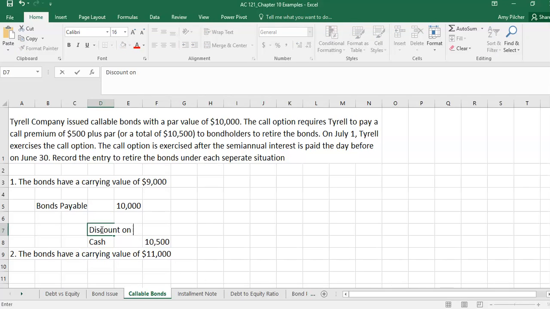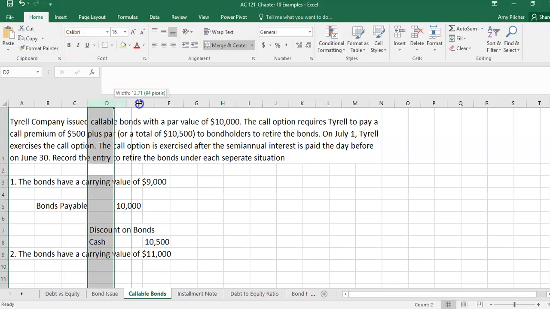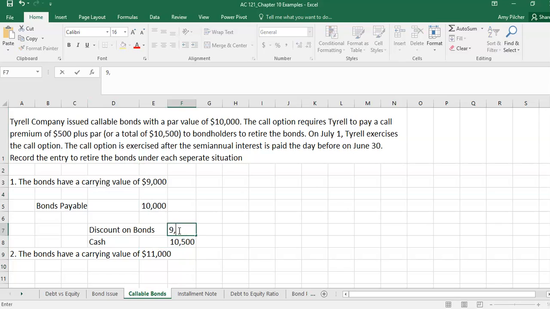We have a discount on bonds, and that is $1,000. There's a difference of $1,000 between our current par value and the carrying value. This means that we have a loss on bond retirement. To balance out our equation, $1,500.